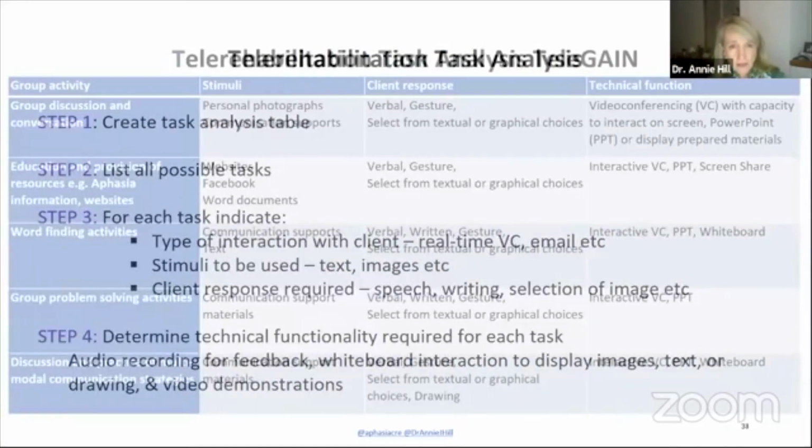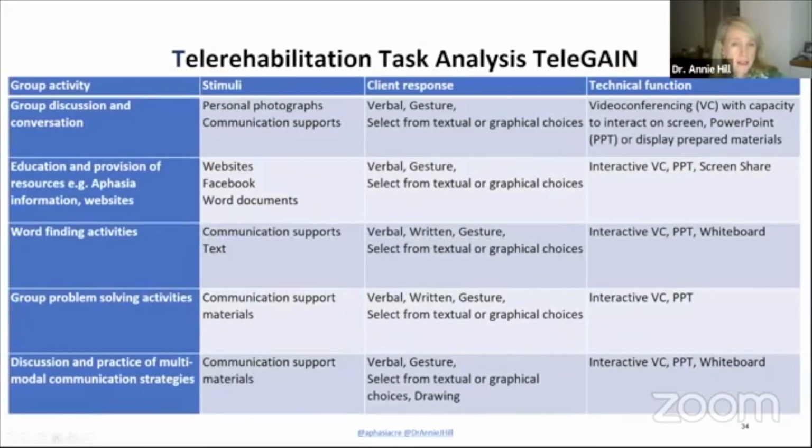So this is the one that was done for TeleGain, which was that group therapy. So looking at what the activity actually is, thinking about what needs to be seen or heard, what the client response is, and only at that point do you then look at what technical functionality you need to actually enable that.